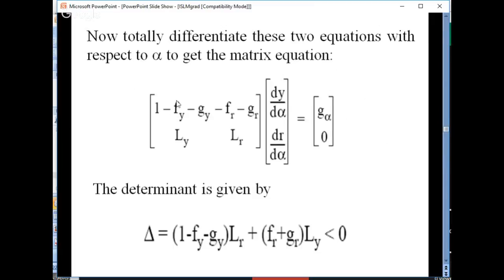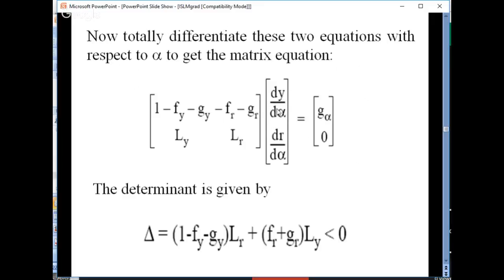Where f of y is the partial derivative of consumption with respect to y, g of y is the partial derivative of investment with respect to y, and f of r and g of r are partials of consumption and investment with respect to interest rates. And these two down here are partials of money demand, first with respect to y and with respect to r.